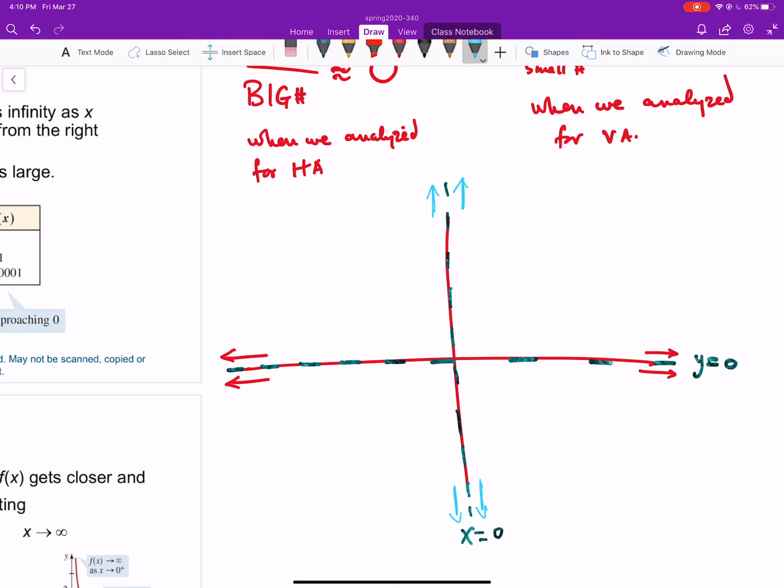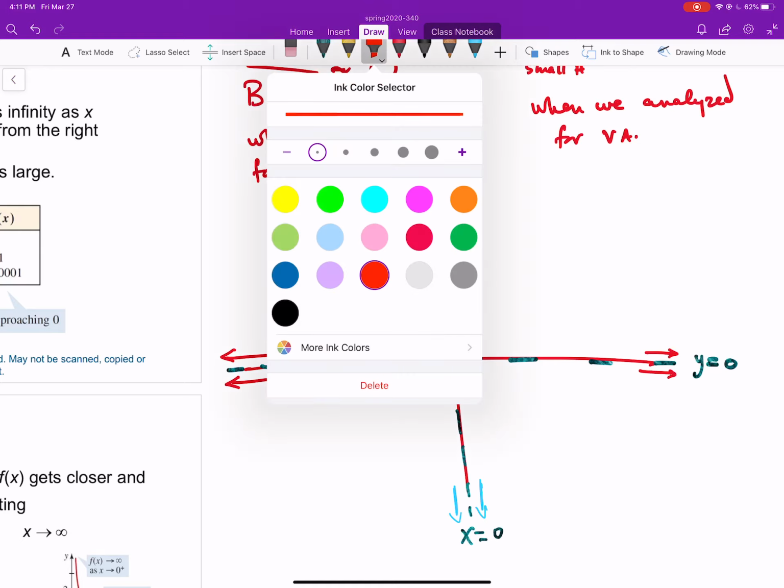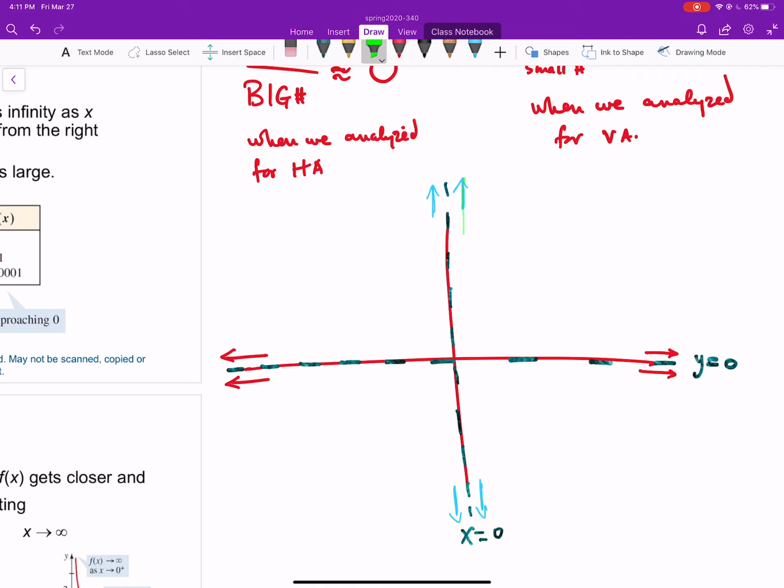Now, to sketch it, there are two possibilities. You can either rely on your prior knowledge, which is you know the graph of 1 over x. So clearly, it has to pass through here and go there. Oh, it's going to do this and go do that.